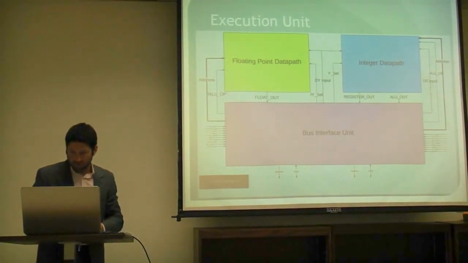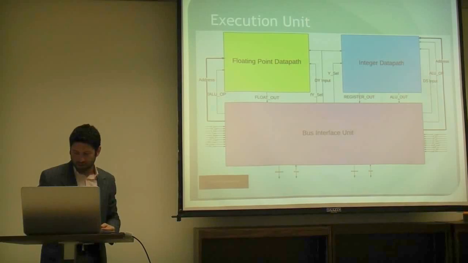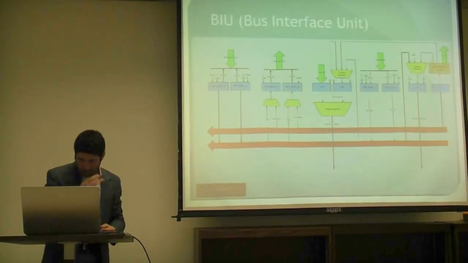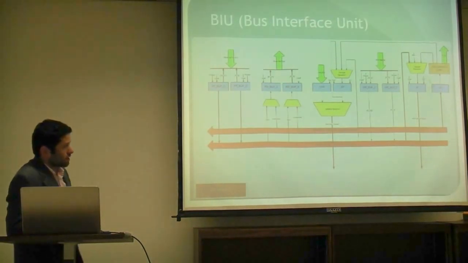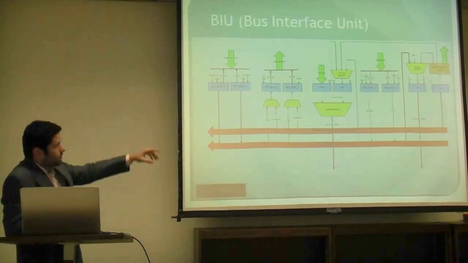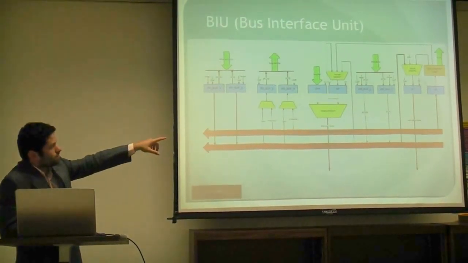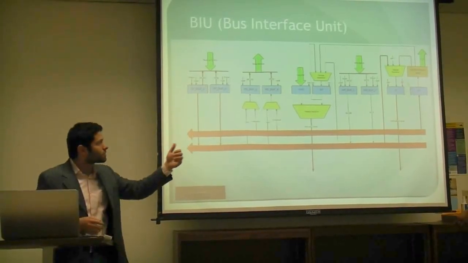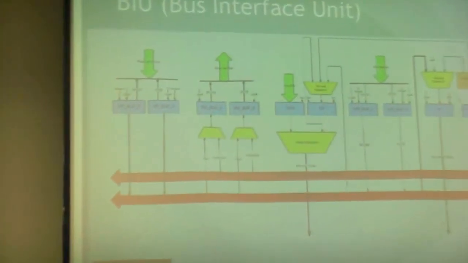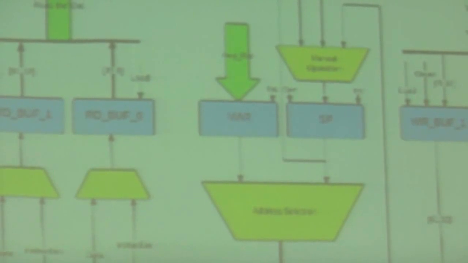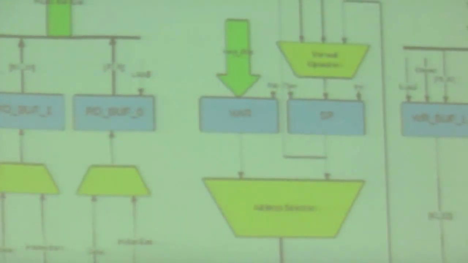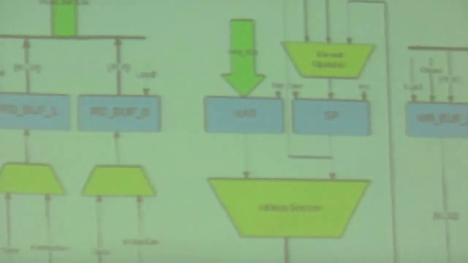And now going more into the bus interface unit, since we have 2 different memories, we have 2 different buses. We have the instruction data bus and the data memory bus. And then for the data bus, we have the address selection from the MUX, where we select either the MAR or the SP. The SP is our stack pointer, which starts off at the end of the memory, and then with our push and pop instructions, it either decrements or increments.